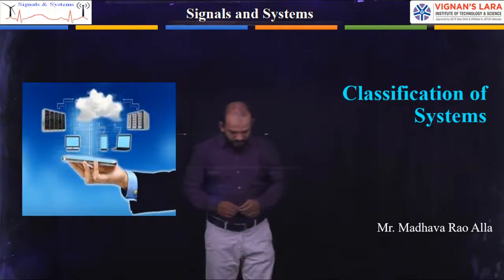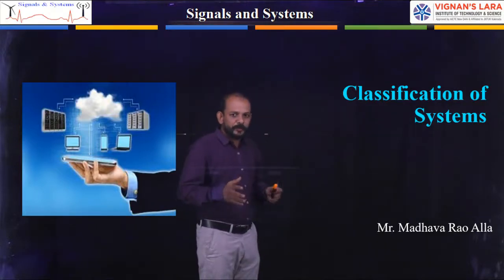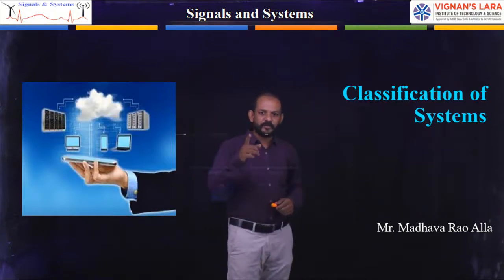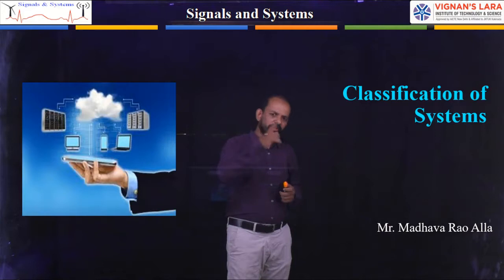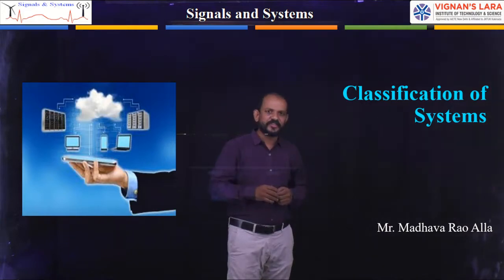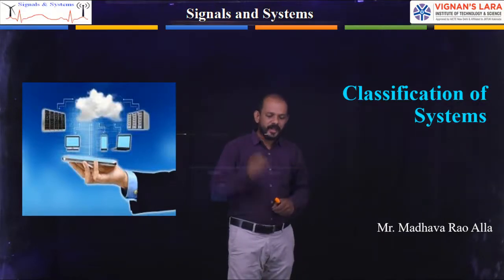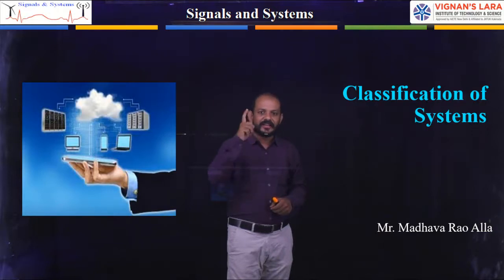Okay, so now I am coming to today's topic, which is classification of systems. I already explained three classifications, and the next one, today's topic, is static and dynamic systems.